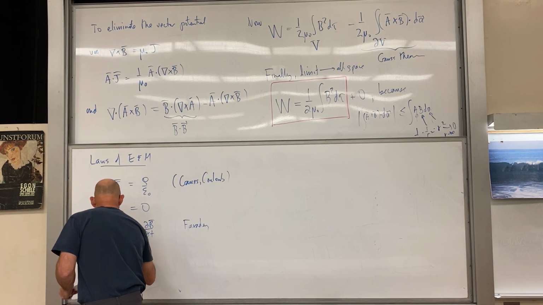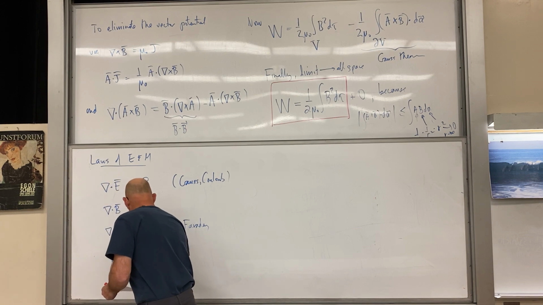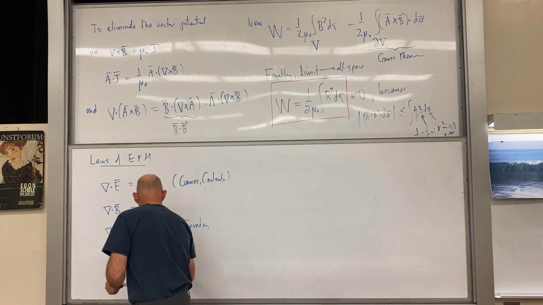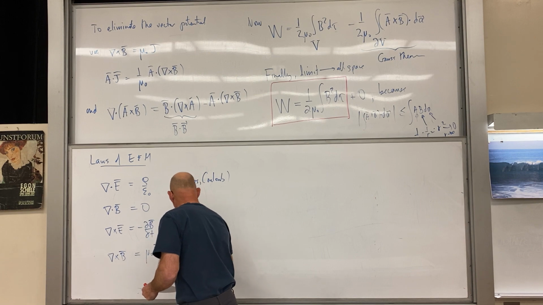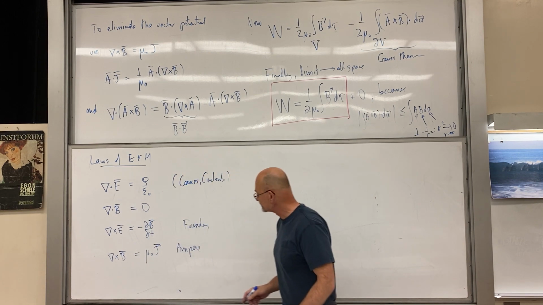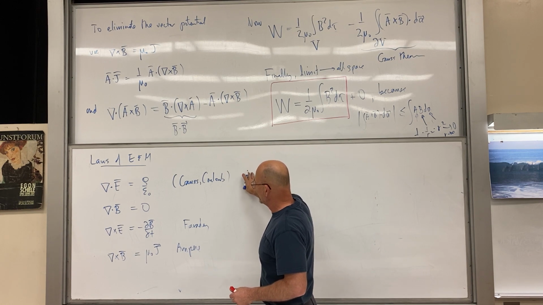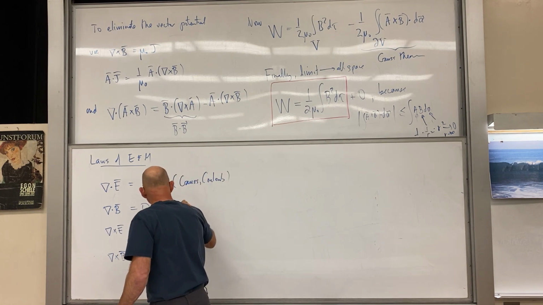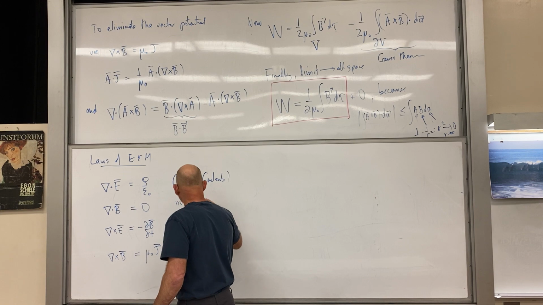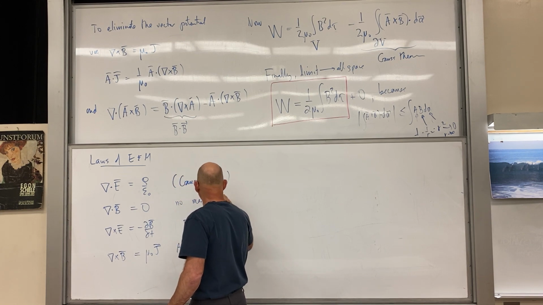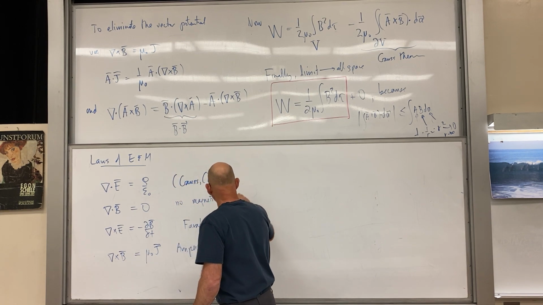Curl of B is equal to mu naught J. So we have these 4 laws. So we could write no magnetic monopole here.